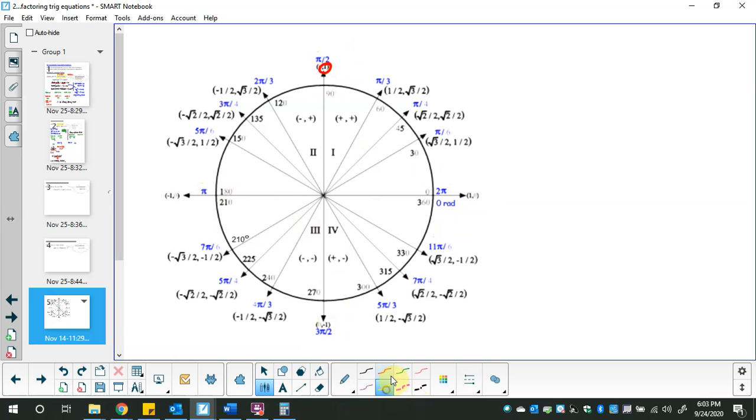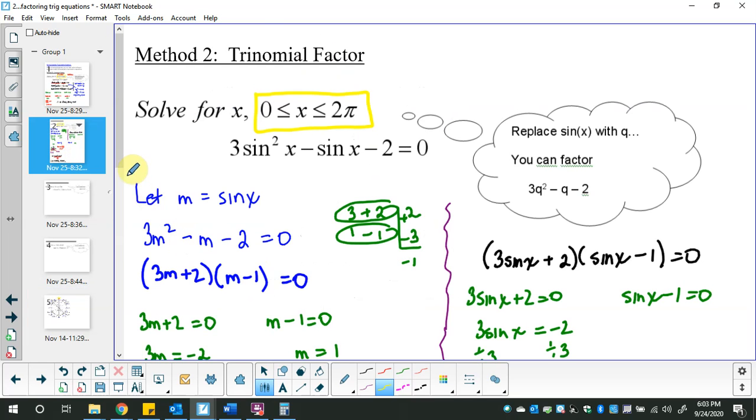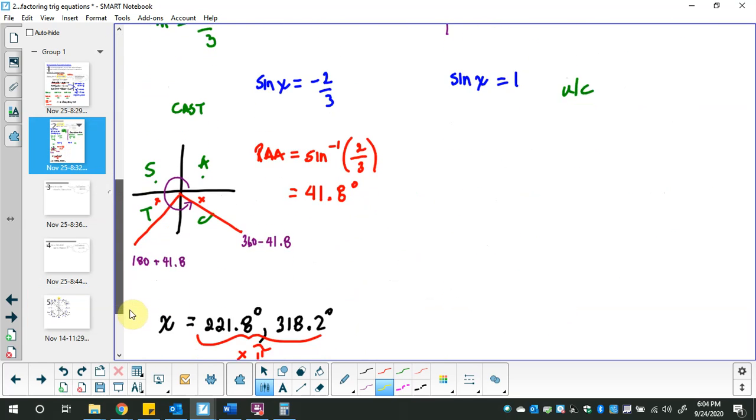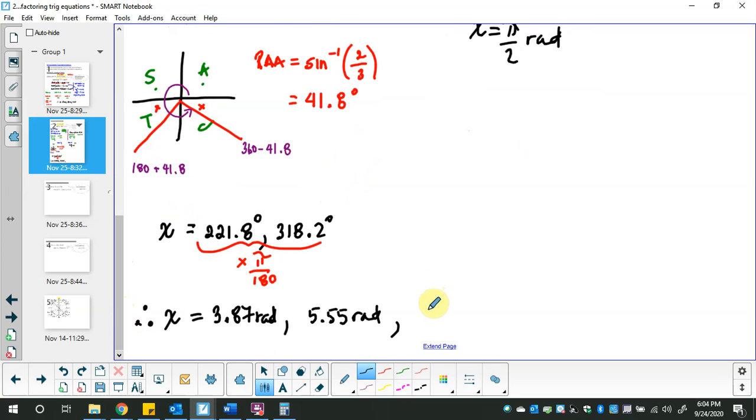And then once I find the 1, I can write down the degrees if I want to, but for sure the radians, because that's what I was being asked for. So I can put that here, x equals pi over 2 radians, and add it in here.